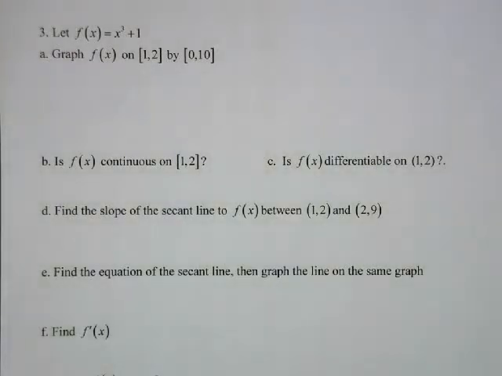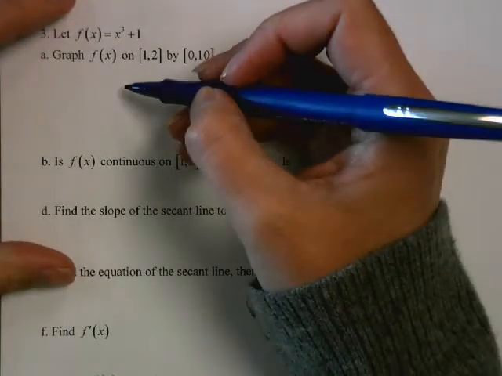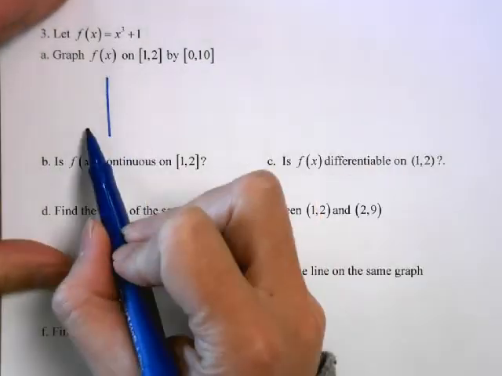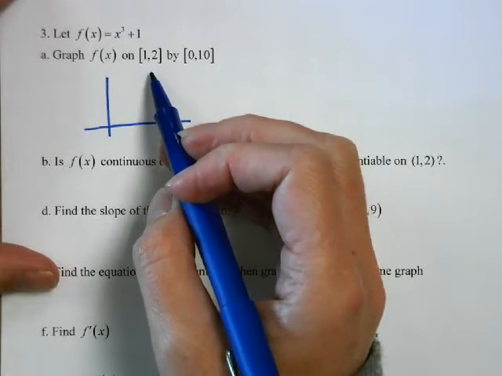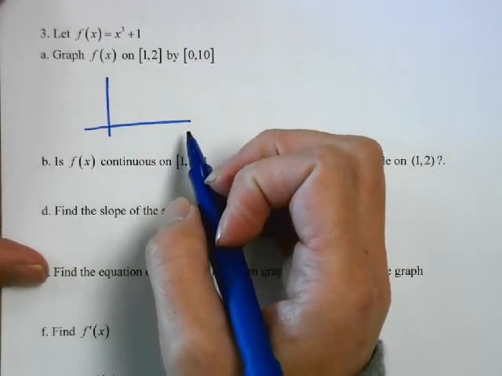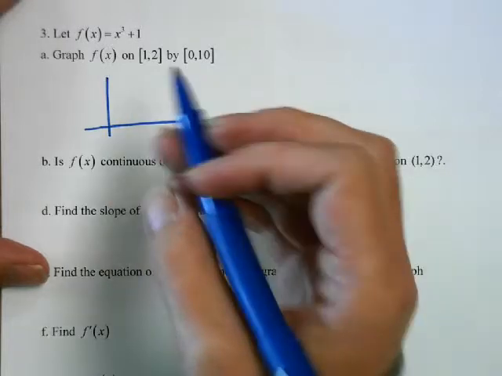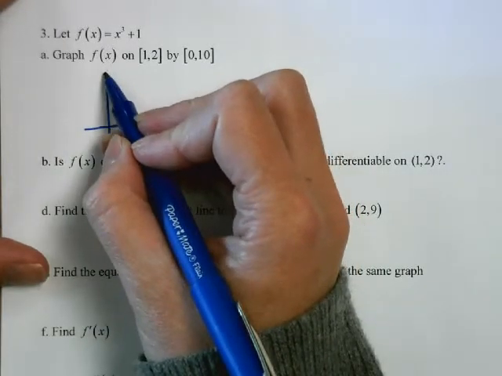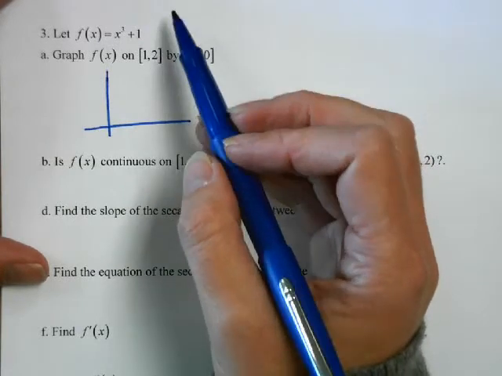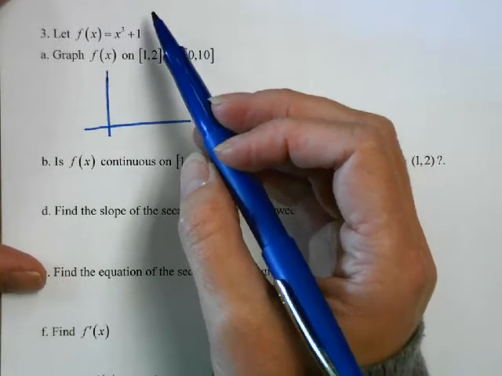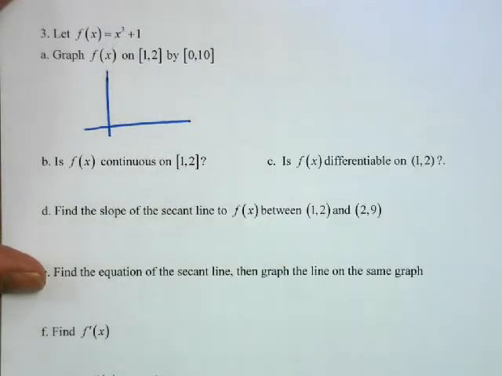Okay, so let's do some examples. Number 3 says let f of x equal x cubed plus 1. So first we'll graph. f of 1 is going to be 2, and f of 2 is going to be 8 plus 1, which is going to be 9.